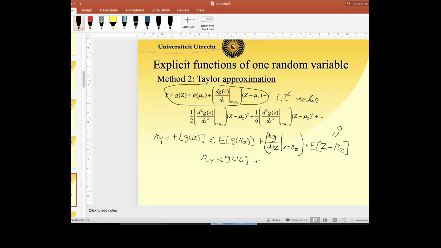It's just plugging in the mean in the original function. And then the first order approximation of the variance is the expected value of y minus mu y, squared.